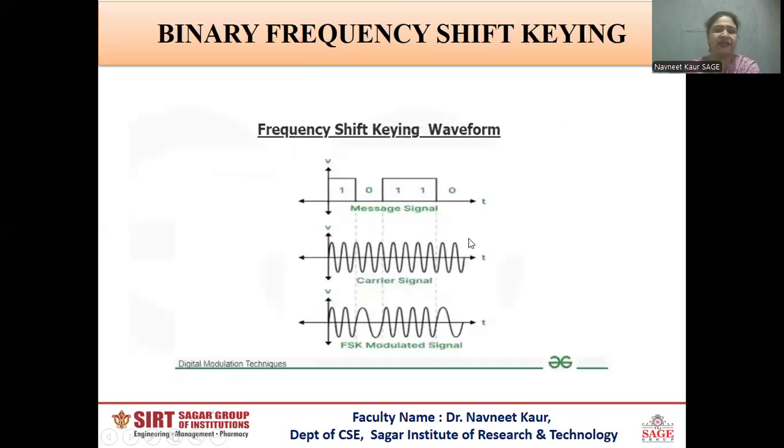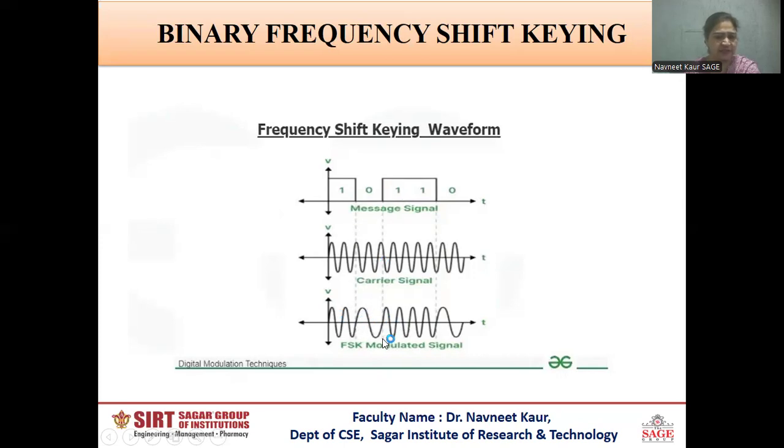Now here we can see the waveform of the BFSK signal. This is my message signal. This is the original carrier signal, which has frequency f naught. Now here I can see the BFSK signal. When message is 1, the frequency is high. But when message is 0, we can see the frequency reduces because there are fewer cycles.